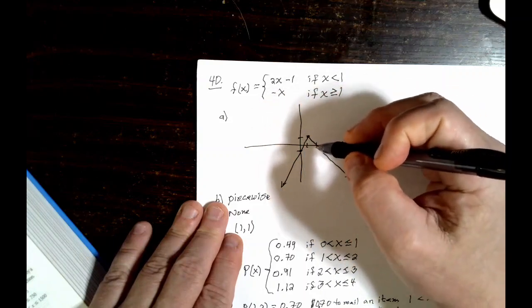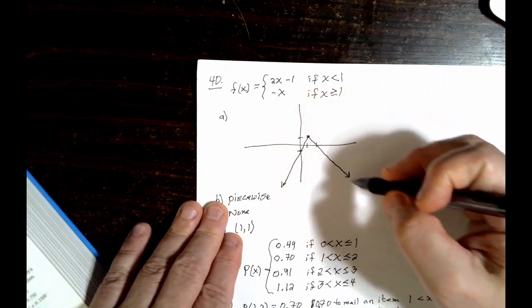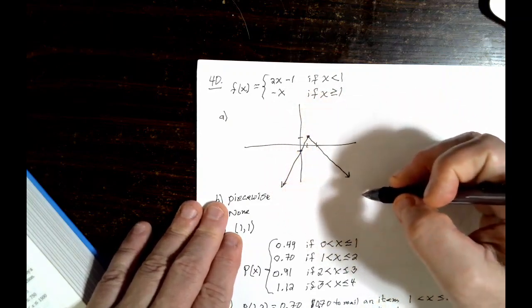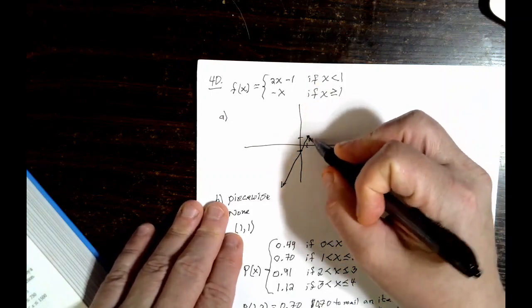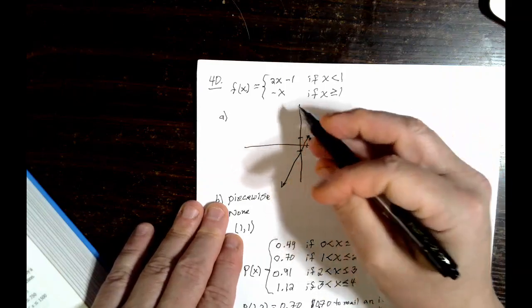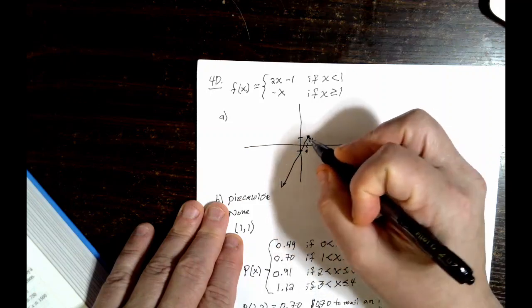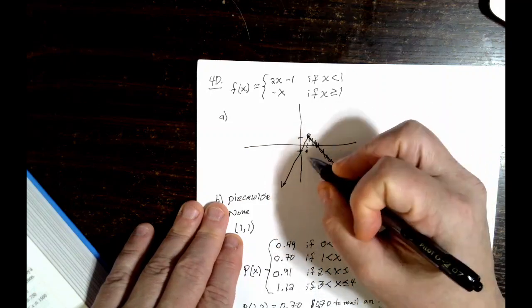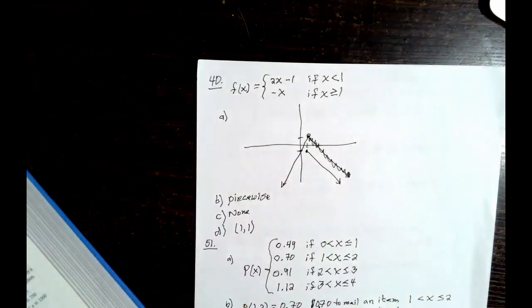crosses through this way. Okay, and minus x, this one should be, that's 1, so at 1 you have -1, and up here you have a hollow circle, and it shoots up to the right like that.